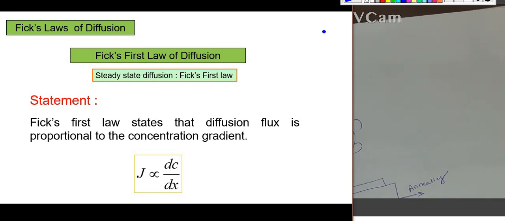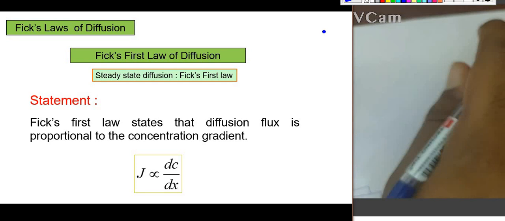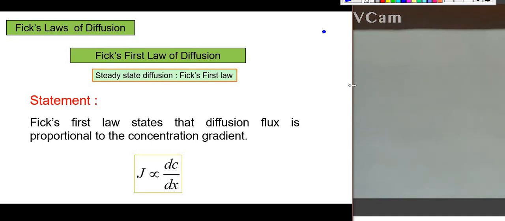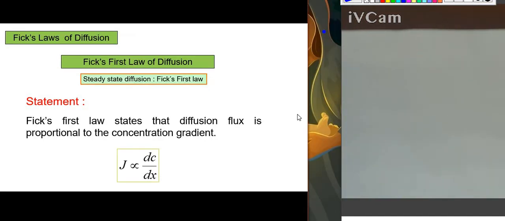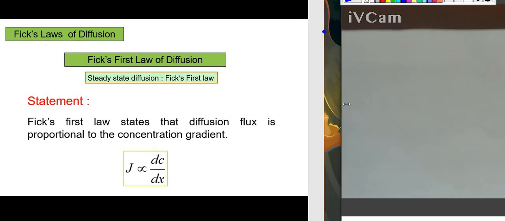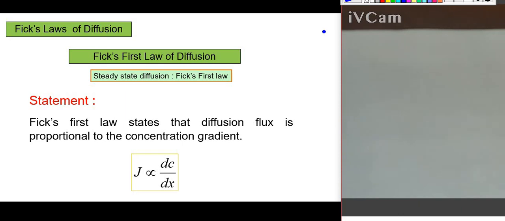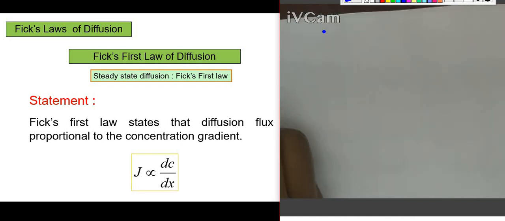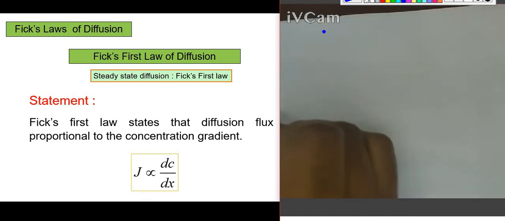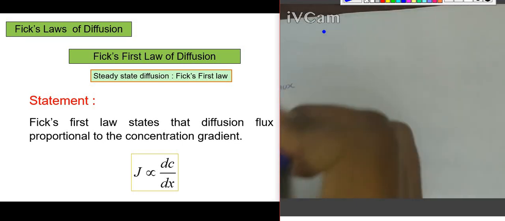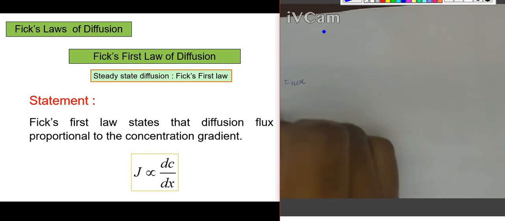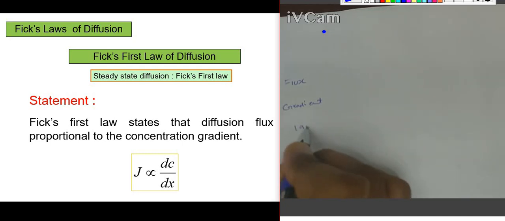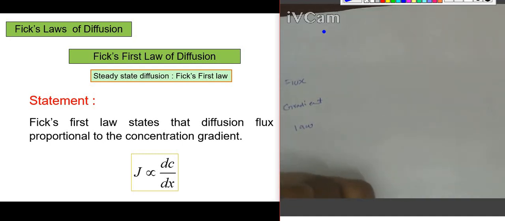The first one is flux, then gradient, then the corresponding law, then the material property.